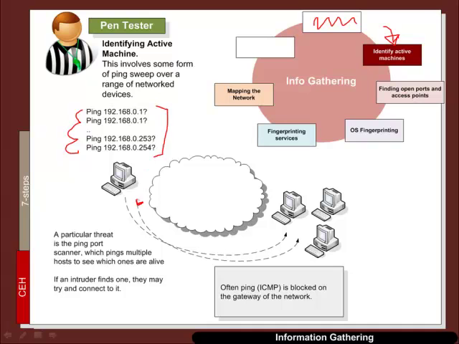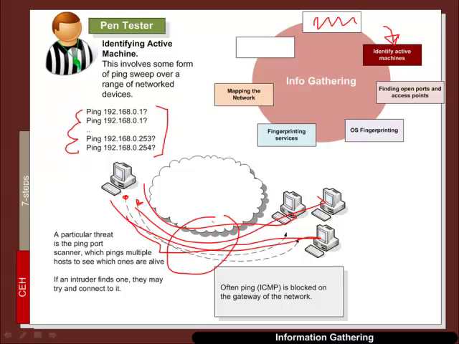So permissions should always be sought before this type of test is actually done, because it can look malicious. So the ping goes out and then pings each of the machines on the network to see if they're alive or not.